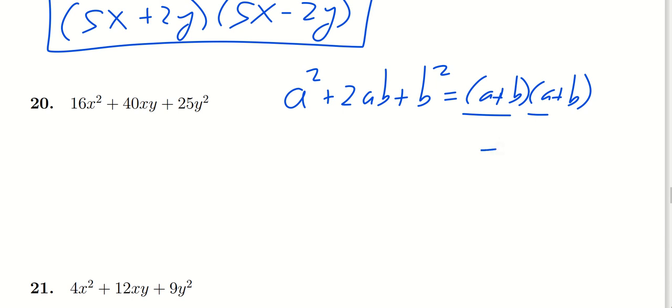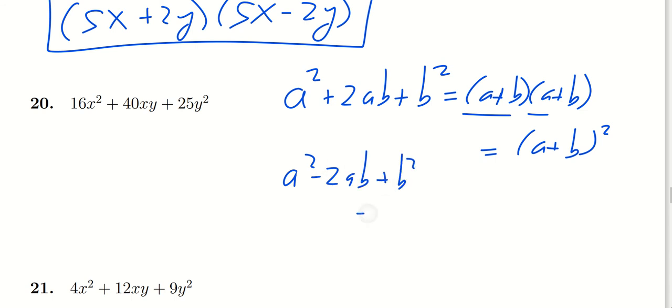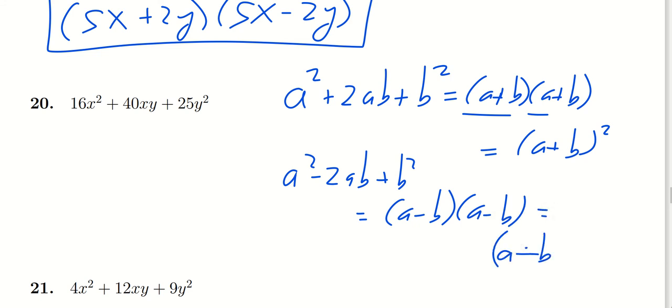So you can write it as a plus b quantity squared, or a squared minus 2ab plus b squared. Very similarly, this factors with equal factors a minus b, which is a minus b quantity squared.